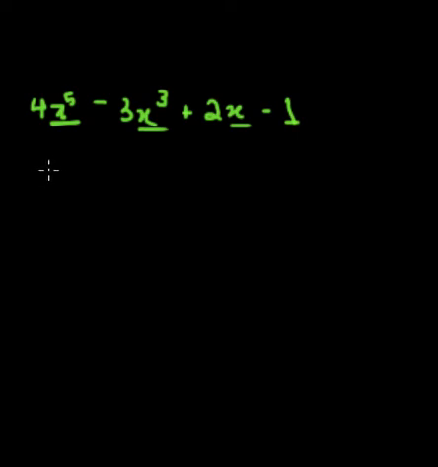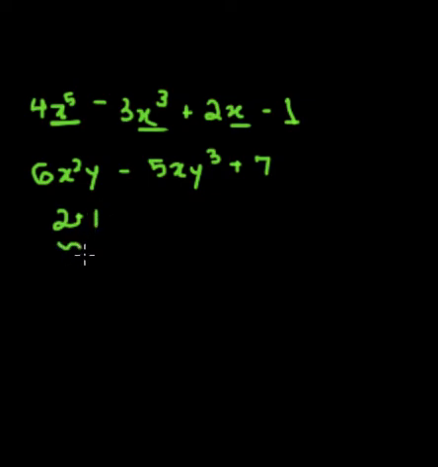So then let's say we're looking at 6x squared y minus 5xy cubed plus 7. In this case, we do what we did previously, which is adding the two exponents. For the first term it will be 2 plus 1, which gives you 3.